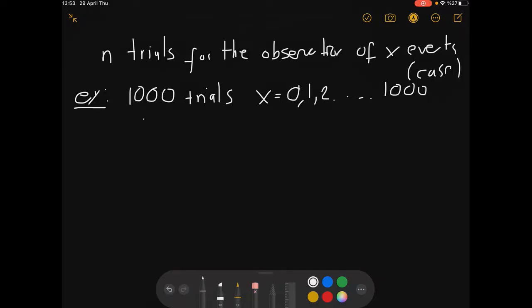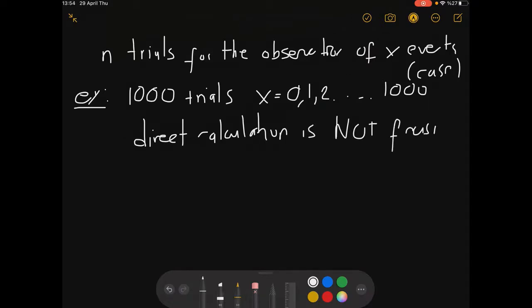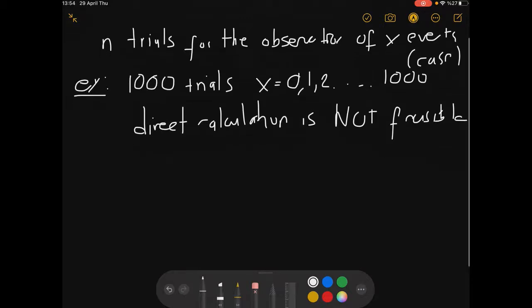But here it's obvious that direct calculation is not feasible because of the coefficients. If you have 1000 trials here, just think about the binomial coefficients that you're going to deal with. We can see more about this in the examples as well.